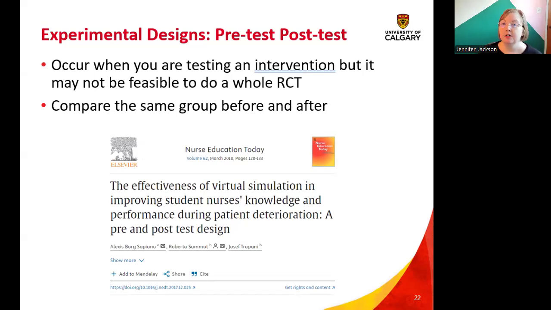So instead, we can use experimental designs like a pre-test, post-test. So we're doing an intervention, but maybe an RCT is out of reach. This is especially for educational or behavioral interventions, where maybe it's not feasible to do an RCT. So if we're looking at the effect of simulation for nursing students, well, it's going to be really hard to split a class in half, give one of them simulation, not the other one, and then they can't talk to each other, which would so-called contaminate the study.